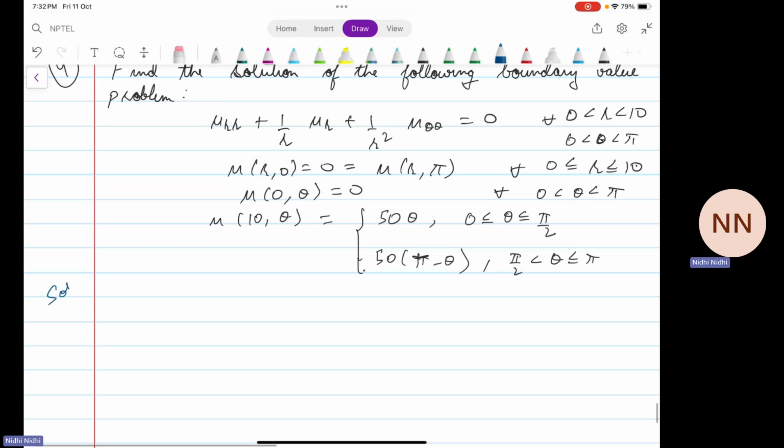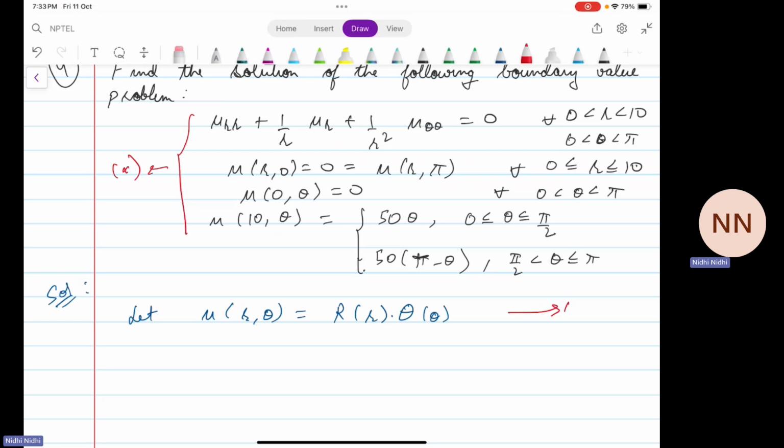Solution: we will take u(r,theta) equal to the product of some function R that depends on r with some function capital Theta that depends on variable theta. So let's mark this as star, this as first.